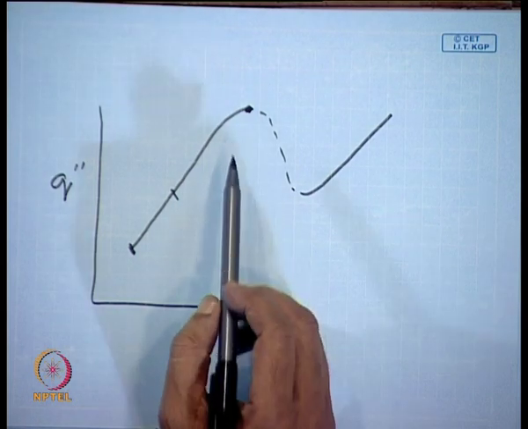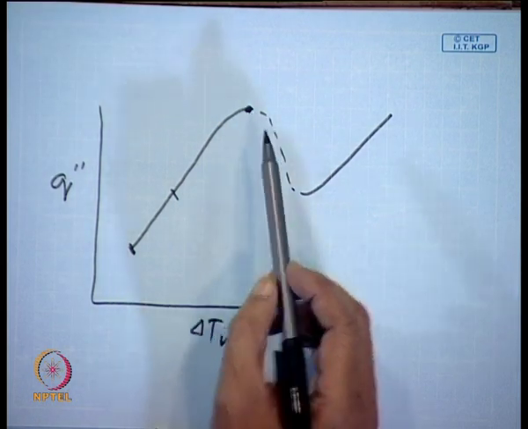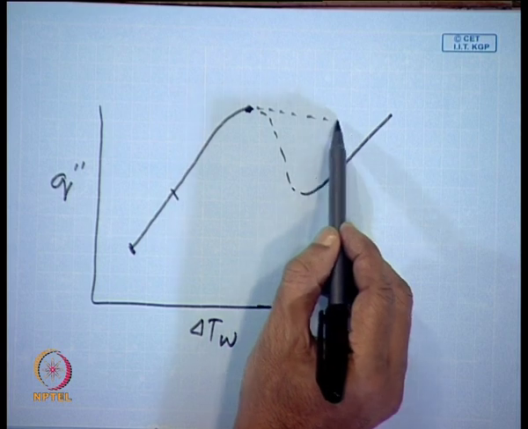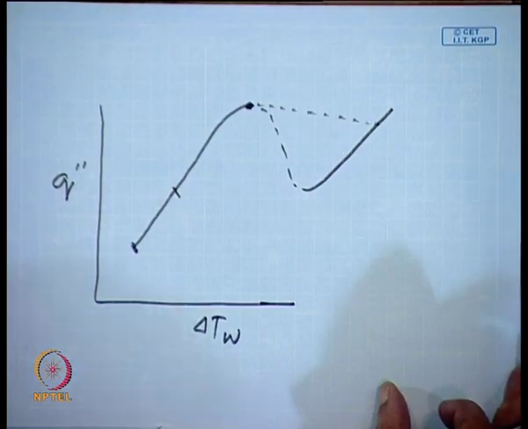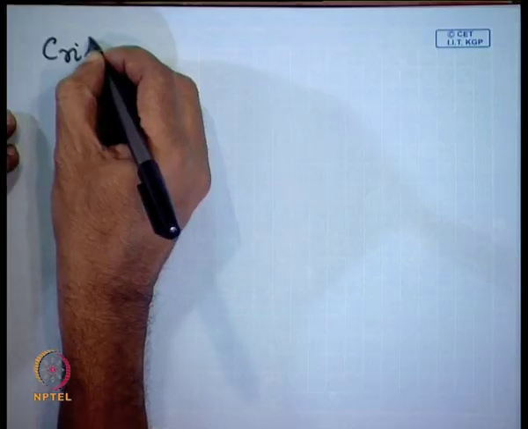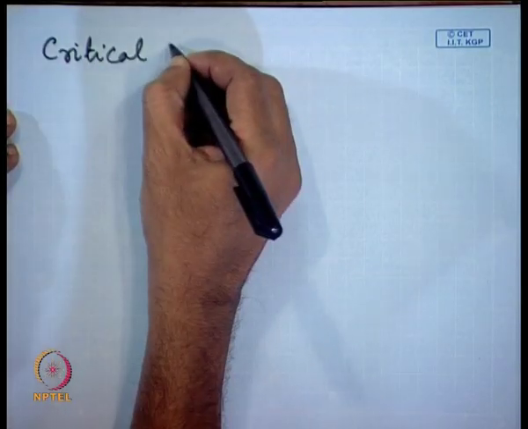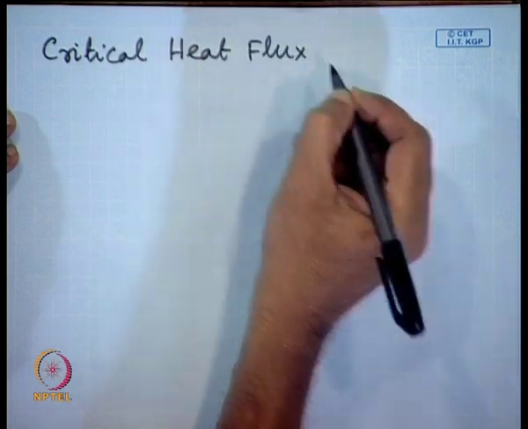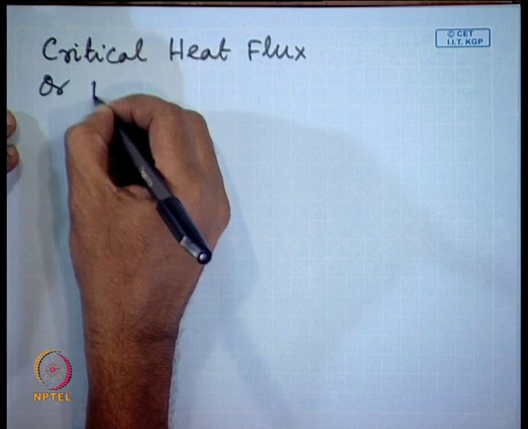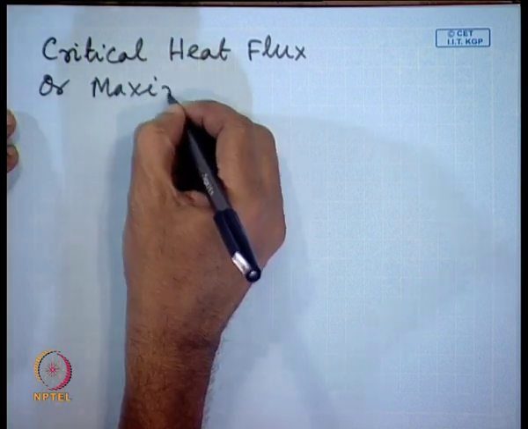This has to be known, and if we violate it, there is a possibility that we may go directly here and there will be a high rise of temperature. So people have spent a lot of time in the determination of critical heat flux, or maximum heat flux.